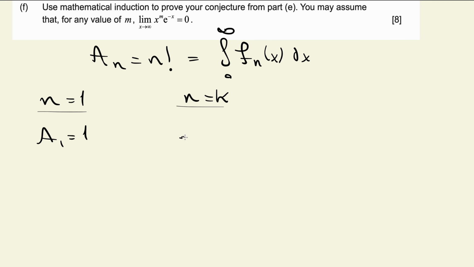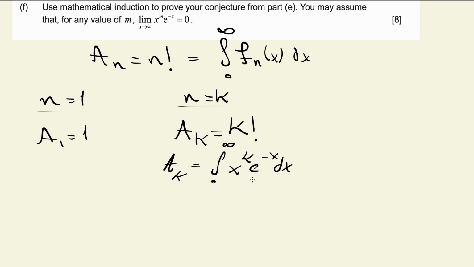When n equals k, the area underneath the graph will be k factorial. It is better if you also write it in terms of the integral, so it's the integral of x to the power of k e to the power of negative x dx, and this is equal to k factorial.